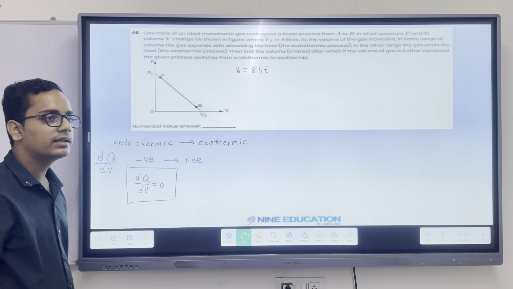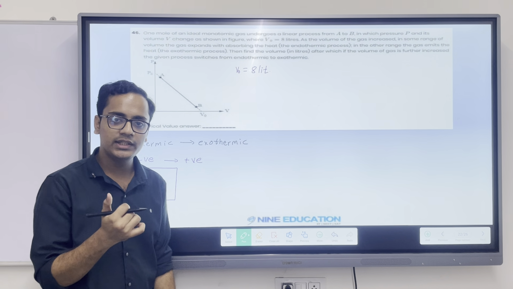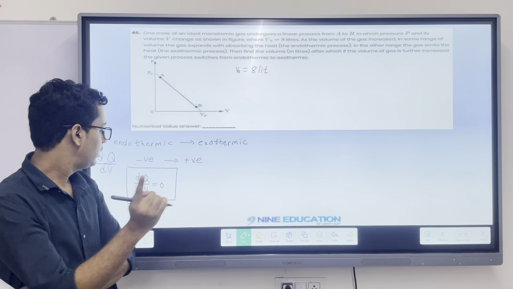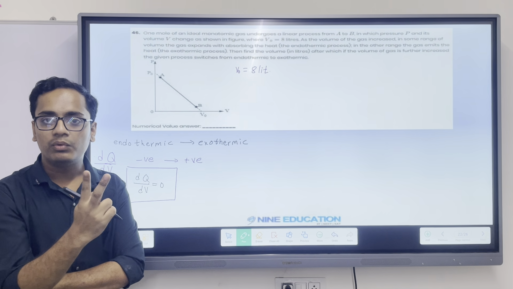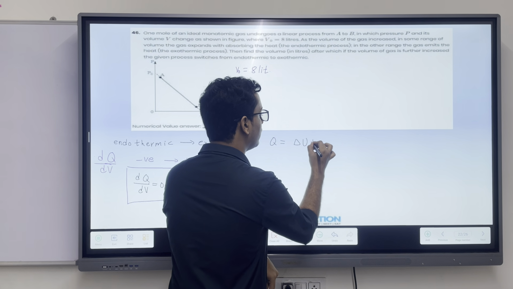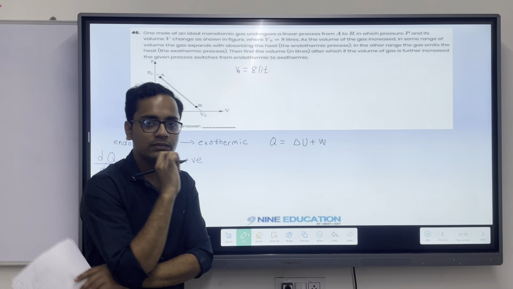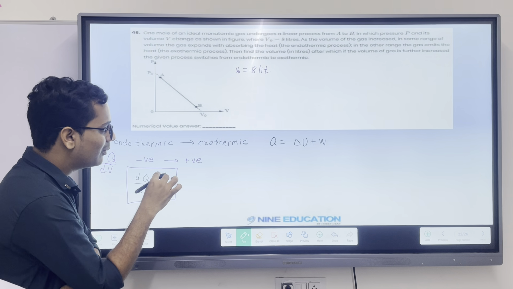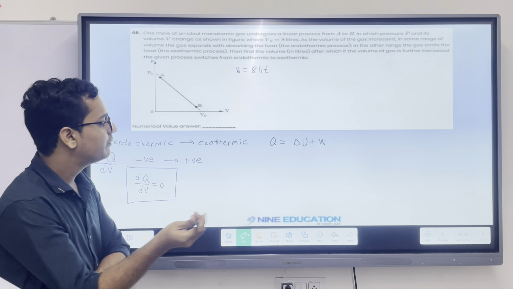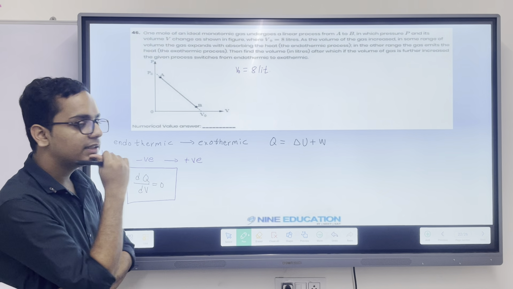First of all, how do I get the equation of Q? In this question, I need to make sure that dq by dv is zero. So for that, I need the equation of Q. How will I get it? Q will be equal to delta U plus work done. But you have the formula for delta U as nCv delta T. You don't want temperature in this particular equation.